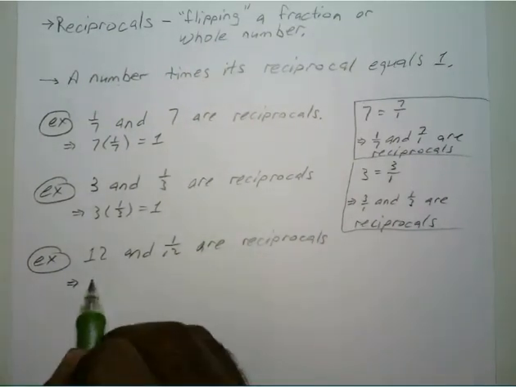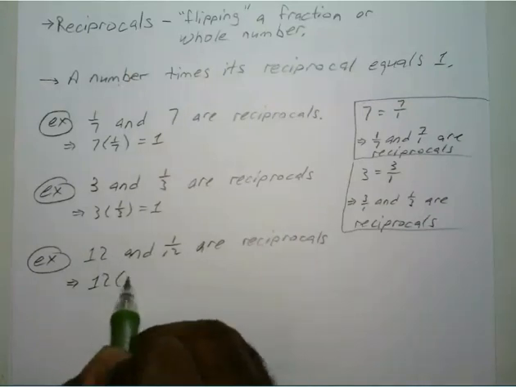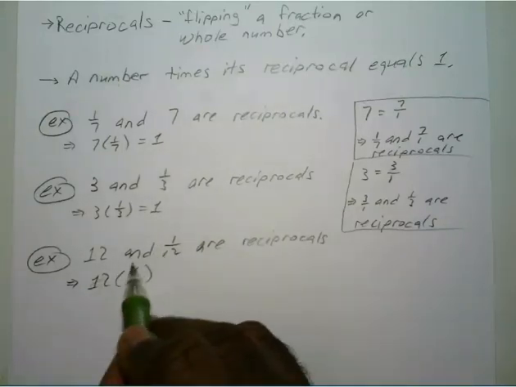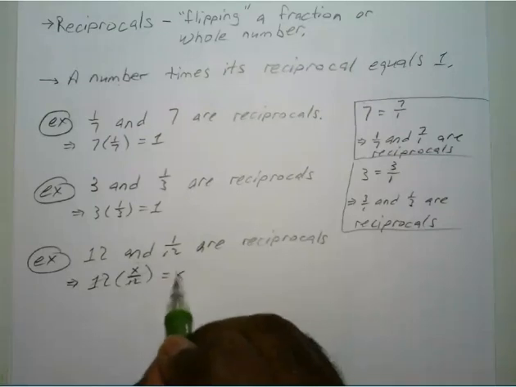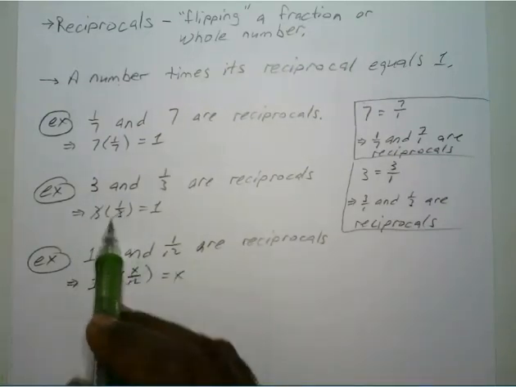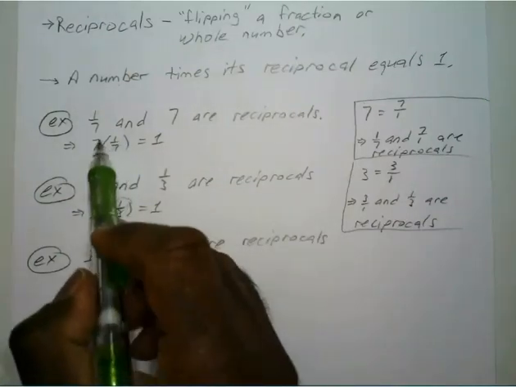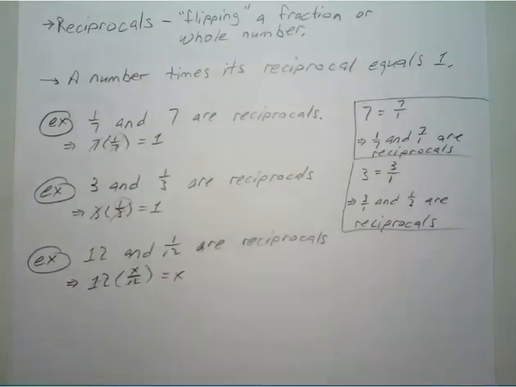If we multiply 12 times, instead of 1 over 12, what if we make it x over 12? These two will cancel out and we'll just equal that x. Same thing here. These two cancel out and your answer is just 1.